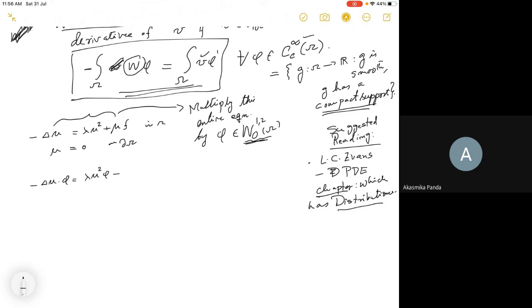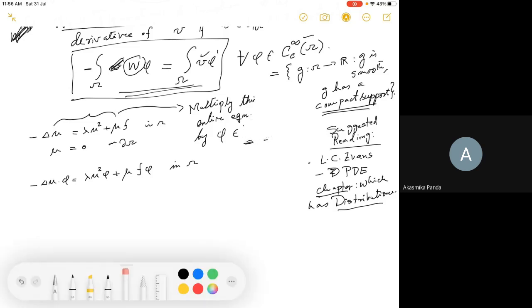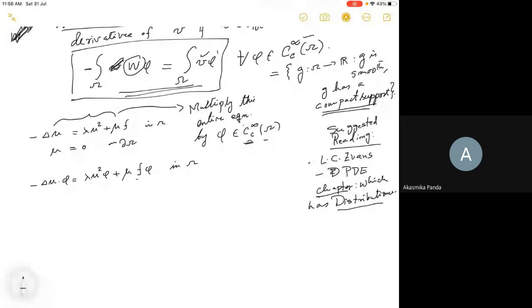So let me just do this. Okay. I should actually not do this with W_0^{1,2}, because this is actually an incorrect thing to do. What I'll do is multiply this with a function from C_c infinity, because distributions cannot be multiplied in general. You could land up in a situation where you have to multiply infinity into infinity, and you know that this is an undefined quantity.